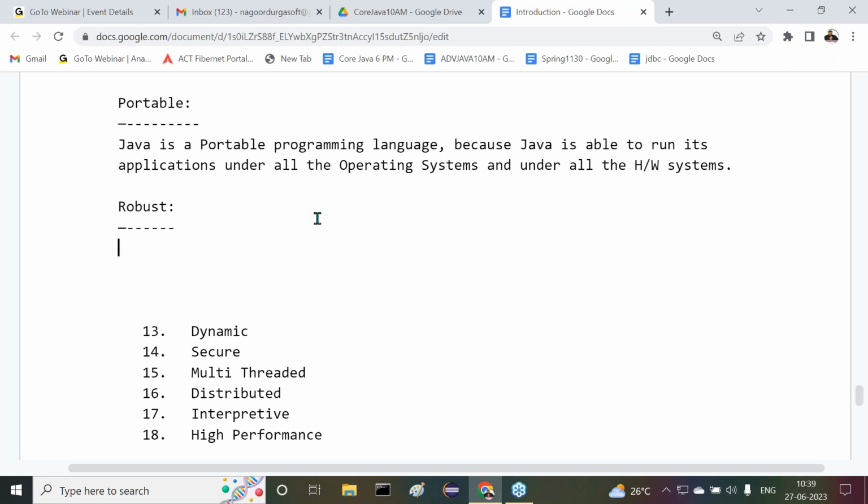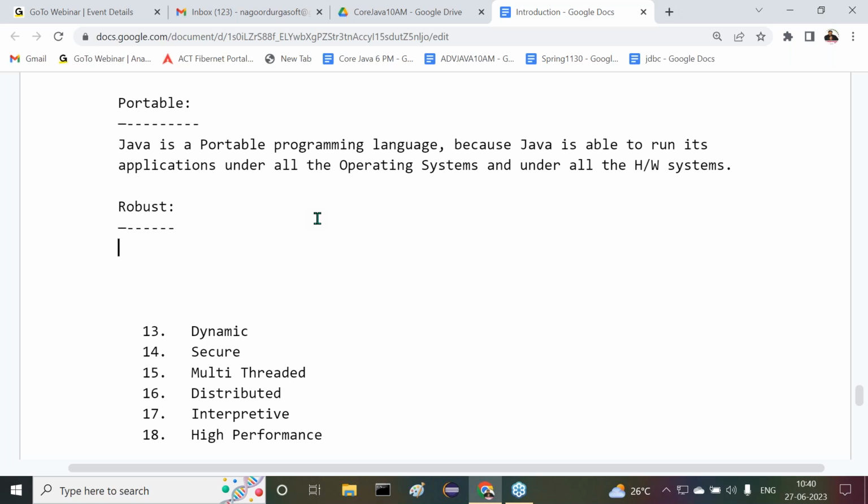So the other points here we have to understand. Listen carefully. All of you observe carefully. Java has a very good memory management system in the form of heap memory management system.